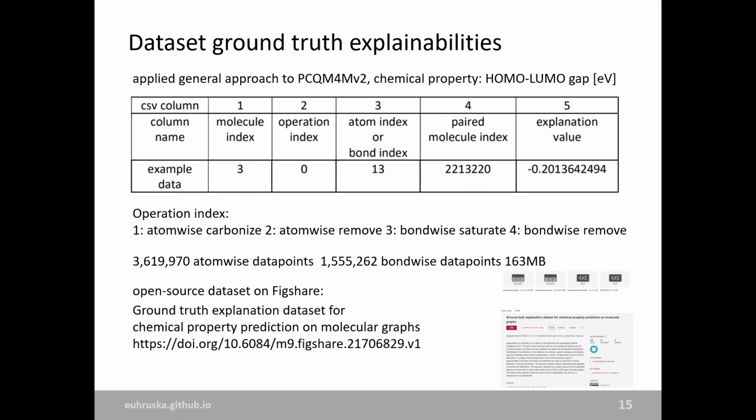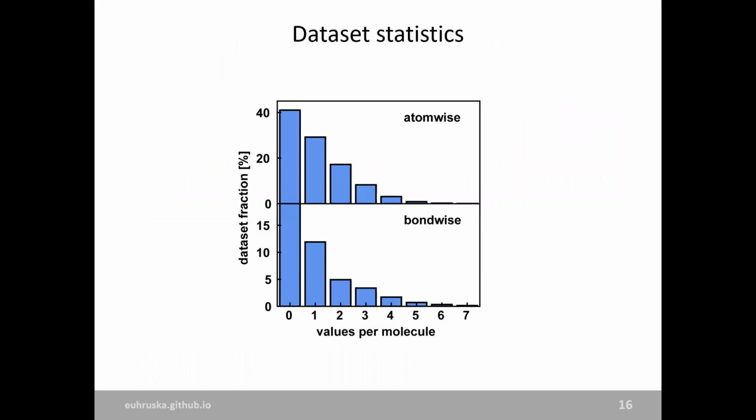It's not a large dataset, just 160 megabytes, available on Figshare under a general license. So here the generation of the dataset is finished. In the next slides, I want to discuss some of the results I got when analyzing this dataset.